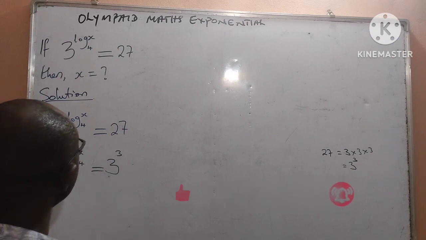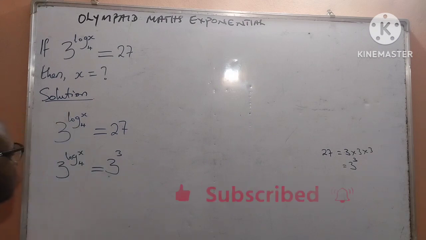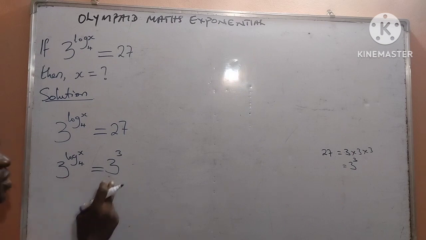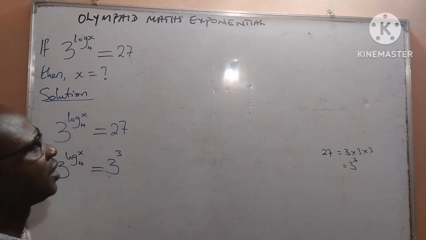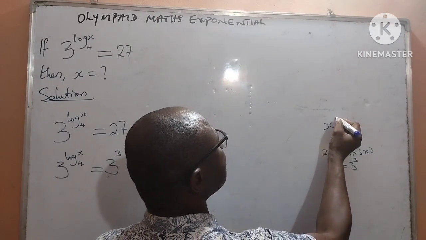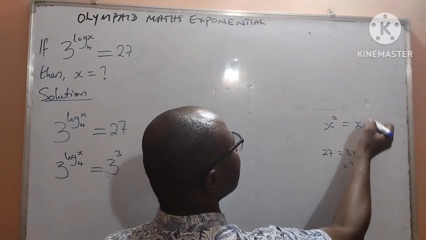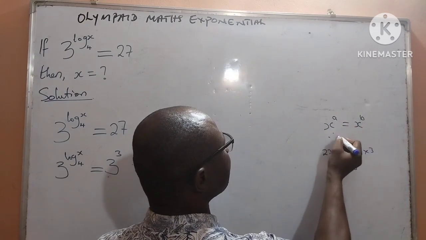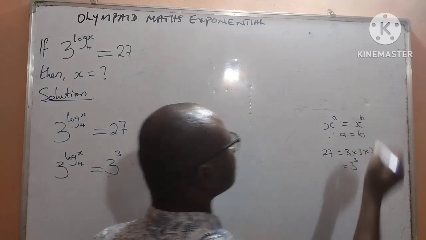Good. Next, if you look at it, you see the bases are the same. We now apply a law in indices that says if we are given x raised to a equal to x raised to b, therefore a is equal to b.